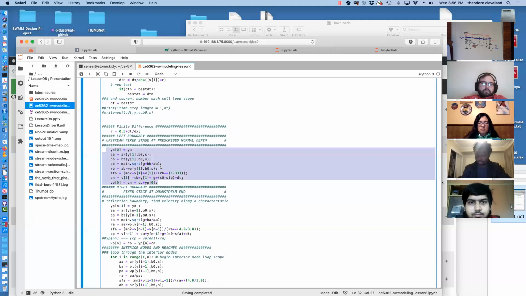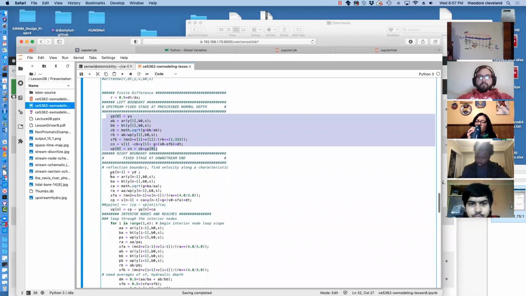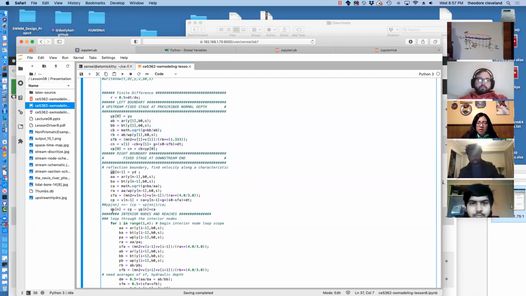The upstream one, here we're using the negative curve to use the known upstream flow depth in this case to determine the required upstream velocity. And on the downstream end, we're going to use something called the positive characteristic curve, essentially do the same thing. We use the known downstream depth, the pool depth, to compute the required downstream velocity.